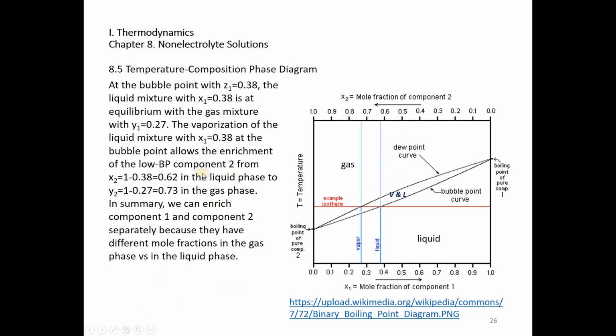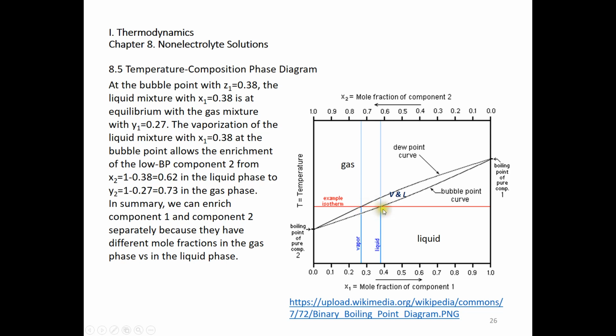So over here, again, it's just the analysis of enriching component 2 at the bubble point with Z1 equals 0.38. So that's this point. We have a liquid mixture with x1 equals 0.38, and it can be at equilibrium with the gas phase with y1 equals 0.27.